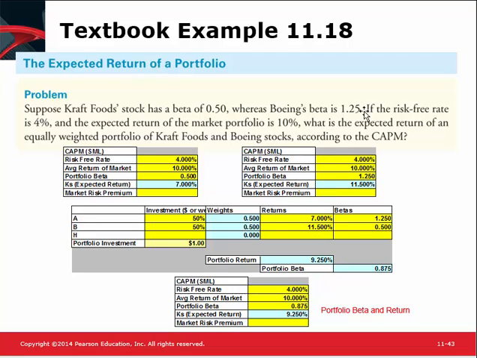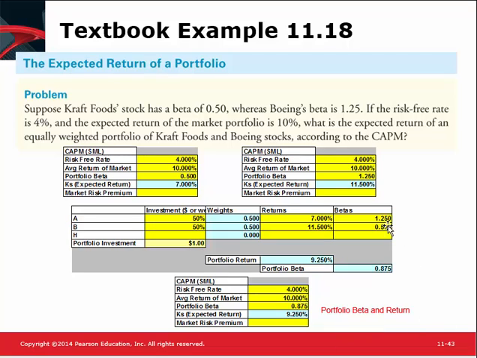For Boeing, when you plug in 1.25, since it's riskier than Kraft, you would expect more, and that's 11.5%. So if you bought this portfolio, 50-50 of each, you would expect to get 9.25%.